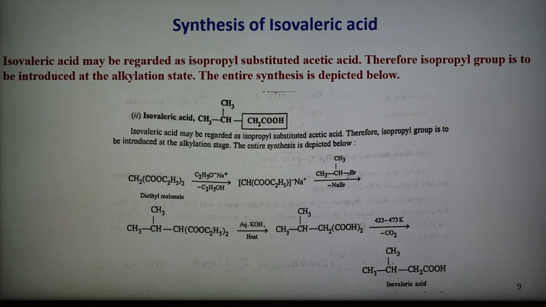Here with diethyl malonate, the synthesis consists of three steps: step 1 is formation of enolate anion, second is alkylation, and third is hydrolysis and decarboxylation. And for these two compounds, isovaleric acid and n-butyric acid, we have seen that monocarboxylic acid is formed on the basis of these three steps, using malonic ester as a reactive methylene compound.